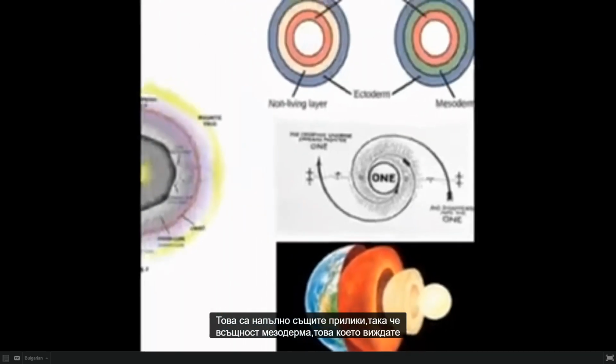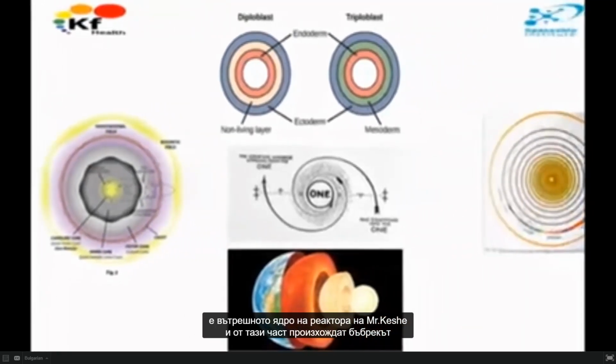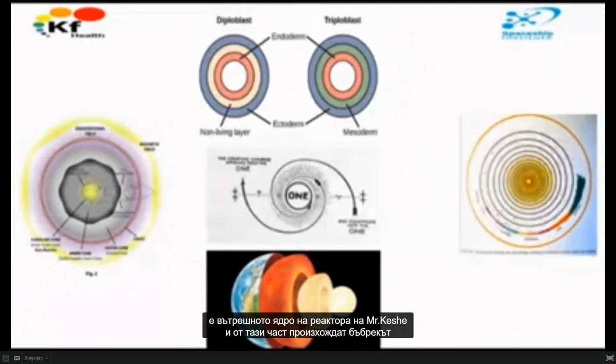So actually mesoderm, as you see, this is the inner core of the reactor of Mr. Cash, and from that part originate the kidney, liver, and heart, what we've explained in the previous workshops.